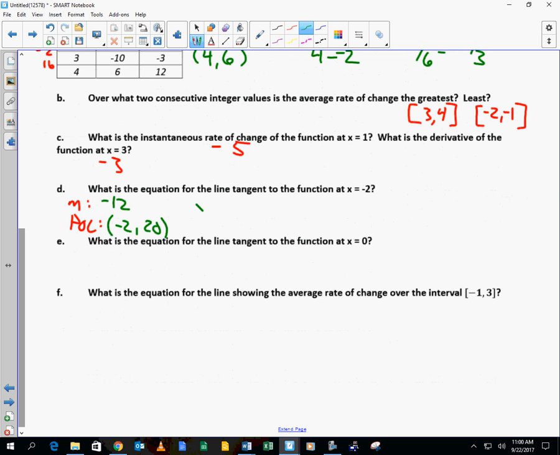So therefore, y minus 20 is equal to -12 times x plus 2. Minus 4.